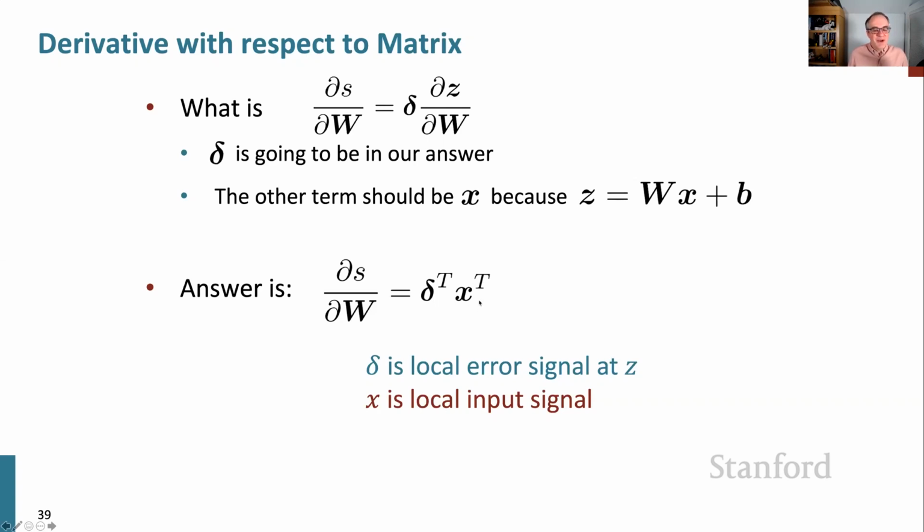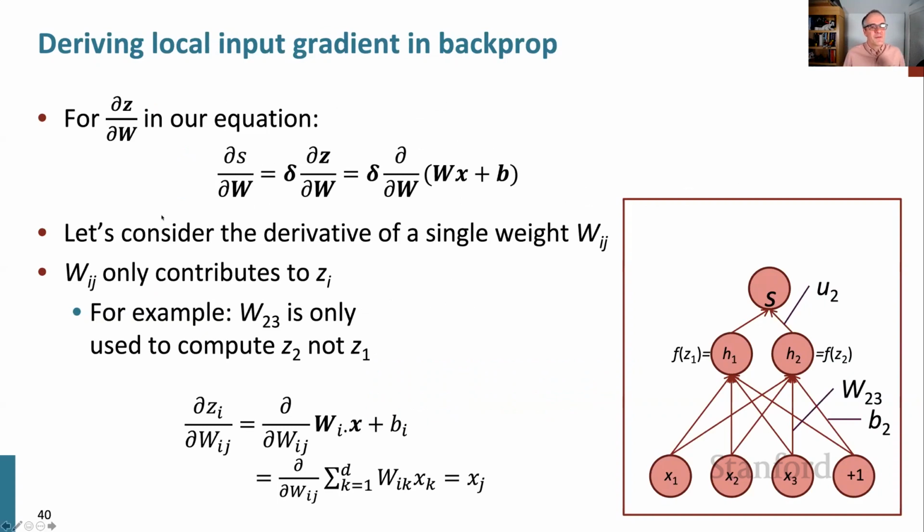That shouldn't yet be obvious, so let me go through in a bit more detail why that's true. When we want to work out dS/dW, it's delta times dZ/dW, where Z is Wx plus b.